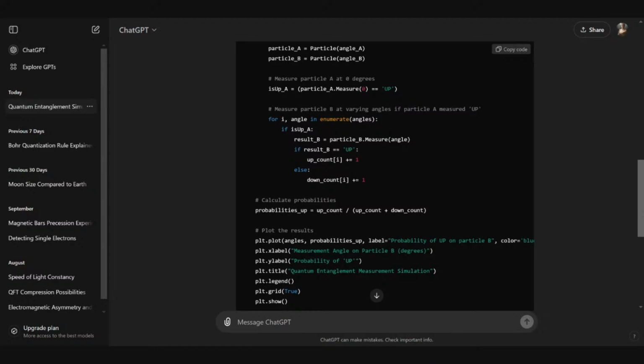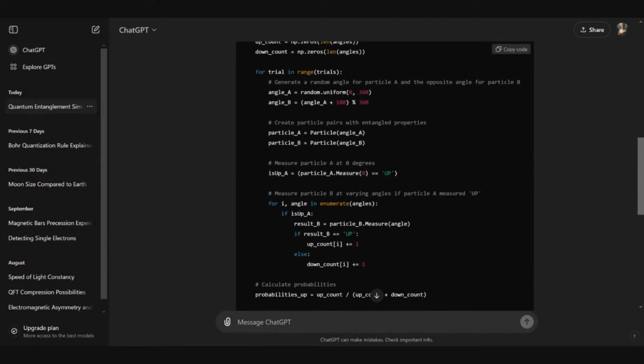Good. So you see, it measures A. Is it up? For each angle, if A is up. There's no point in this enumeration, but fine. Enumerate over the angles, whatever that means. Angle A is 0 and angle B is A. This is very good.